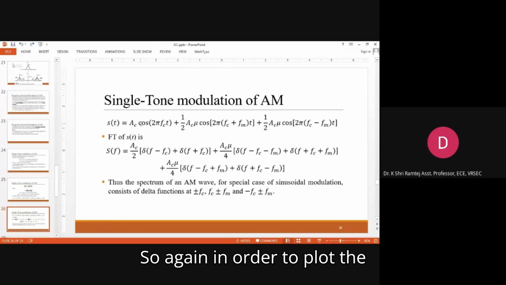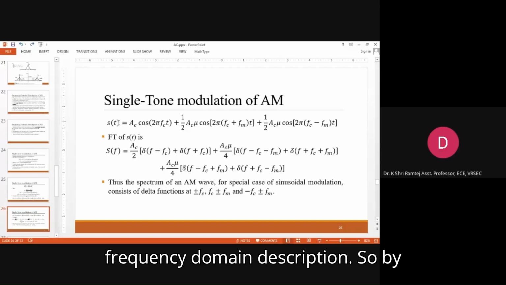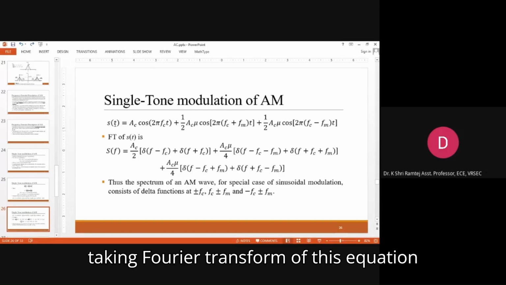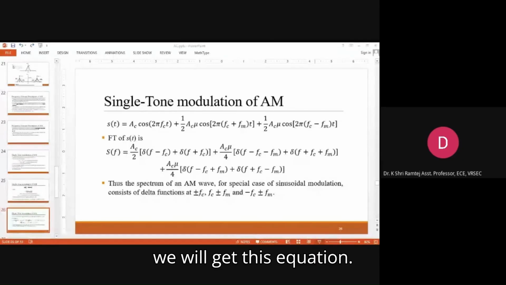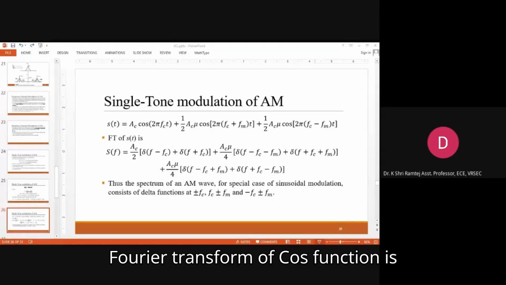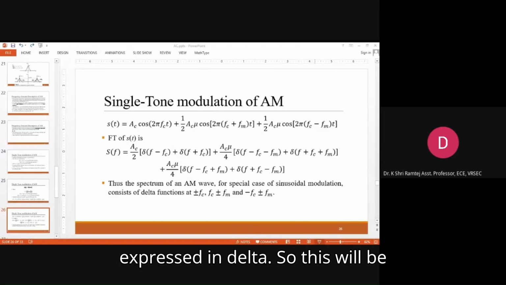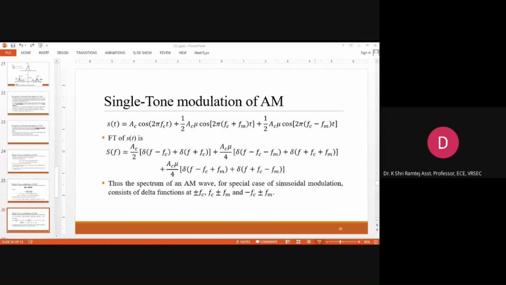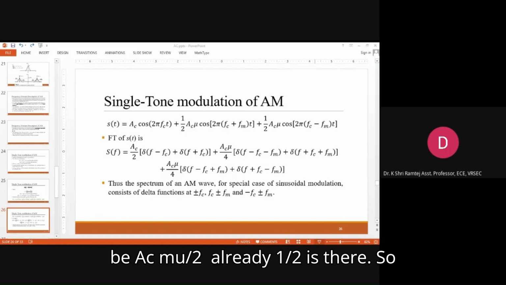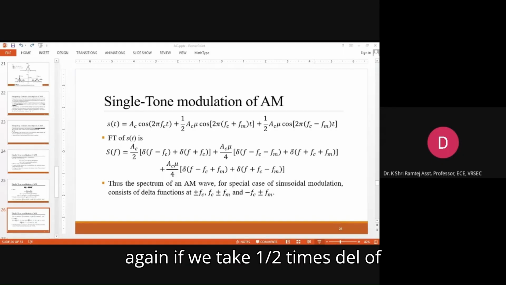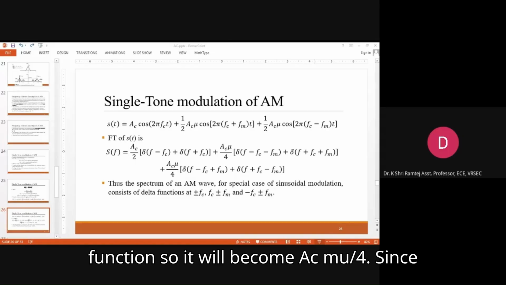Again, in order to plot the frequency domain description, by taking the Fourier transform of this equation, we get this equation. As we know, the Fourier transform of a cos function is expressed in delta, so this will be Ac by 2 times delta of f minus fc plus delta of f plus fc. Coming to the second term, it will be Ac mu by 2, and already 1 by 2 is there, so with 1 by 2 times the delta function, it becomes Ac mu by 4.